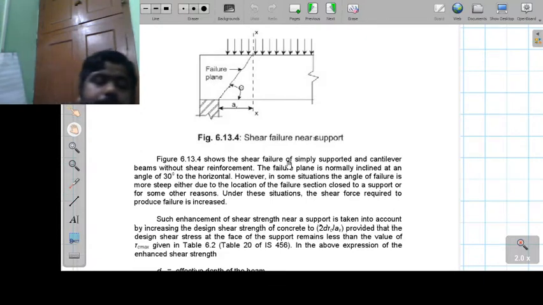If we refer to clause number 40.5 of the code book, it says to provide enhanced shear strength.